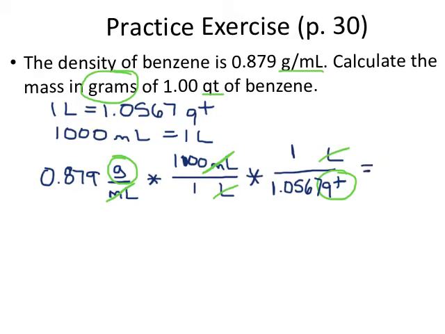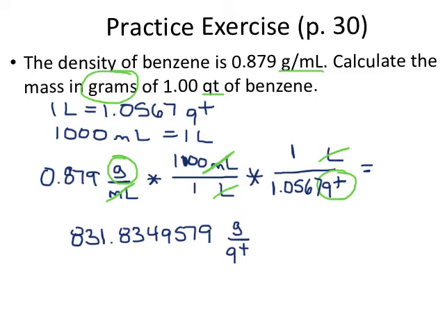And the actual number we're going to get out of the calculator, again, is pretty ugly: 831.83495979. Now we're in units of grams per quart. I'm not going to do my rounding quite yet because I'm not completely finished with this problem.